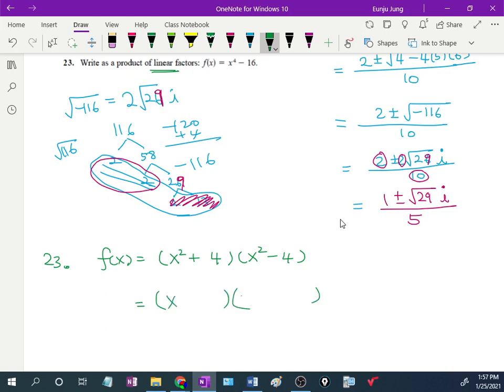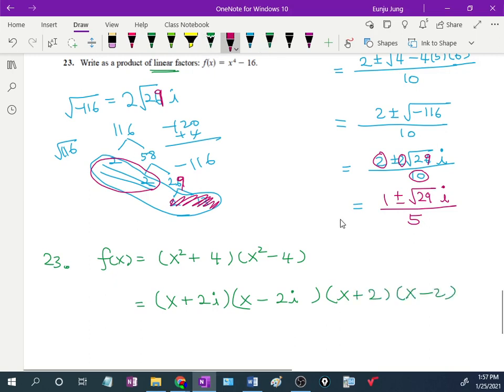x here, x there. 2 times 2 makes 4, right? But the numbers will be plus 2i and minus 2i. I must use the imaginary number to make a sum of two squares. The other one is not, right? A difference of two squares can be factored in the real number system: x plus 2, x minus 2.